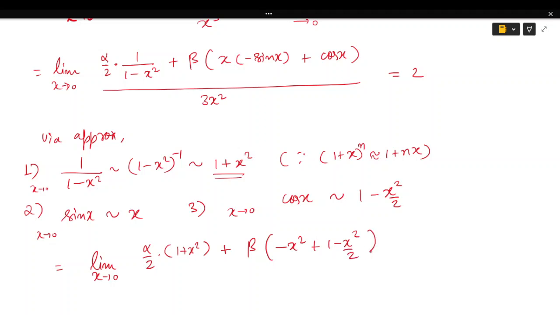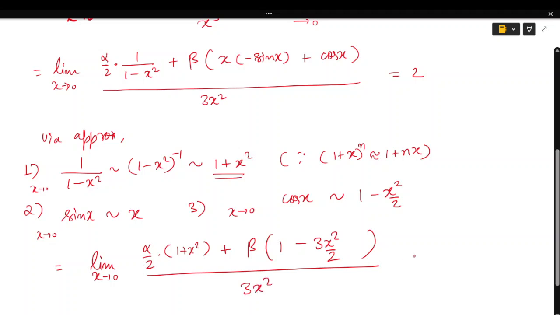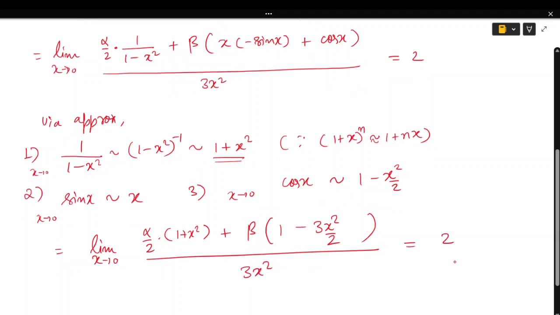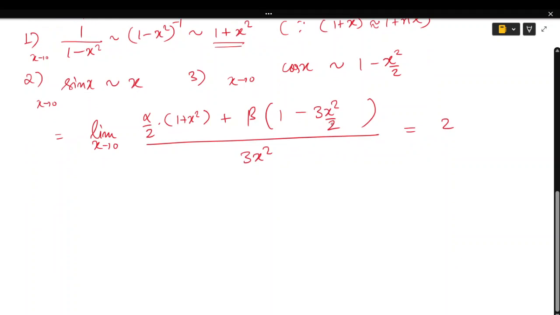If we simplify this, minus x square by 2 minus x square gives minus 3x square by 2. So after simplification, we can write 1 minus 3x square by 2. In the denominator, we have as it is 3x square. Now if we put x as 0 in the numerator, the limit goes to alpha by 2 plus beta, and the denominator goes to 0.